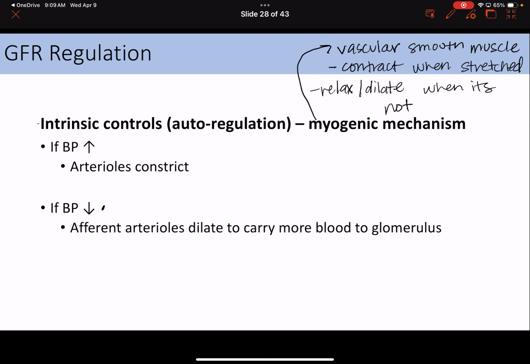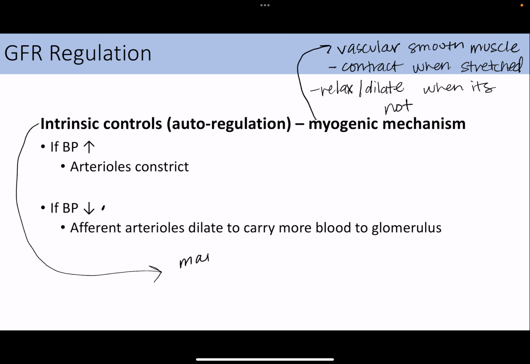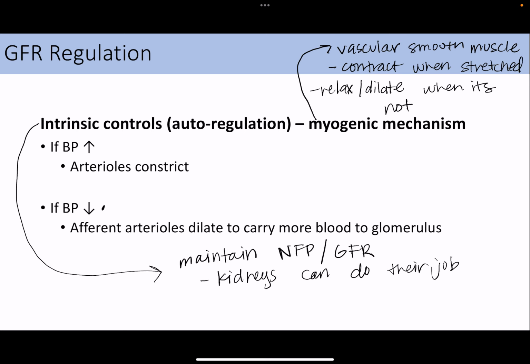All right. So these intrinsic controls here, again, happen within the kidneys. Intrinsic controls are meant to maintain our net filtration pressure and our glomerular filtration rate so that the kidneys can do their job despite systemic blood pressure changes.